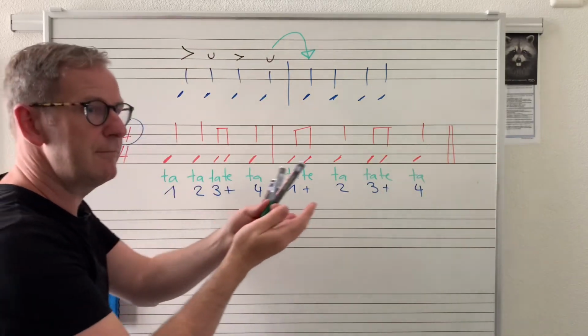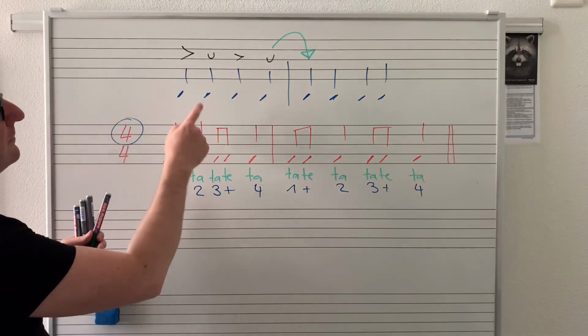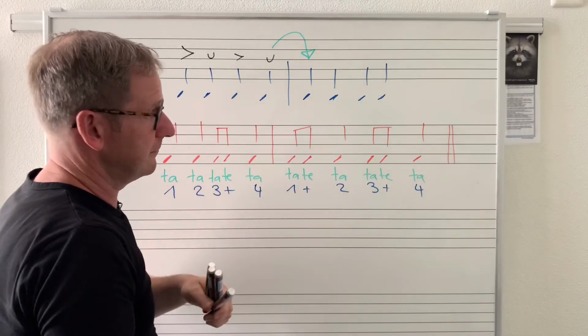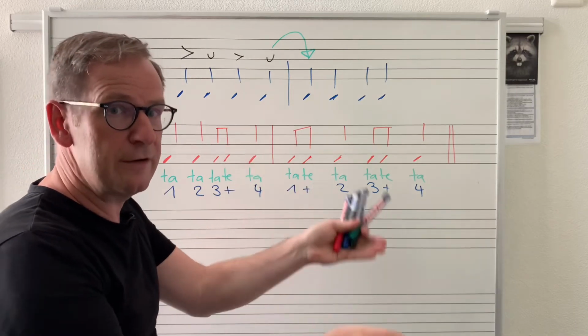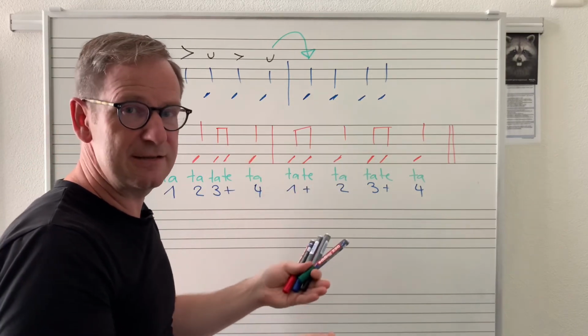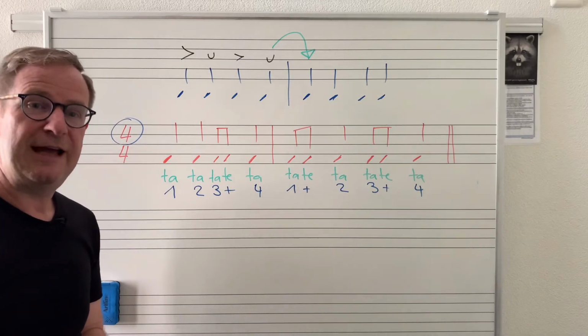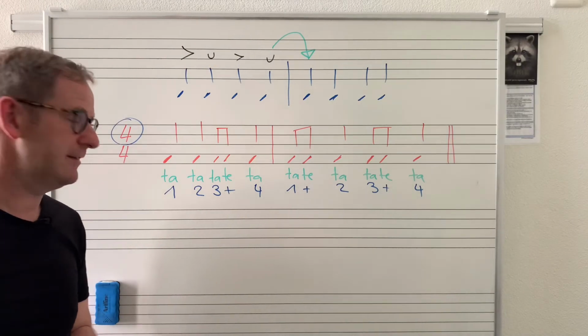It's like presenting. 1, 2, 3, 4. 1, 2, 3, 4, 1. It's always a dance or something like that. Now, let's go one step further and I show you how we do that.